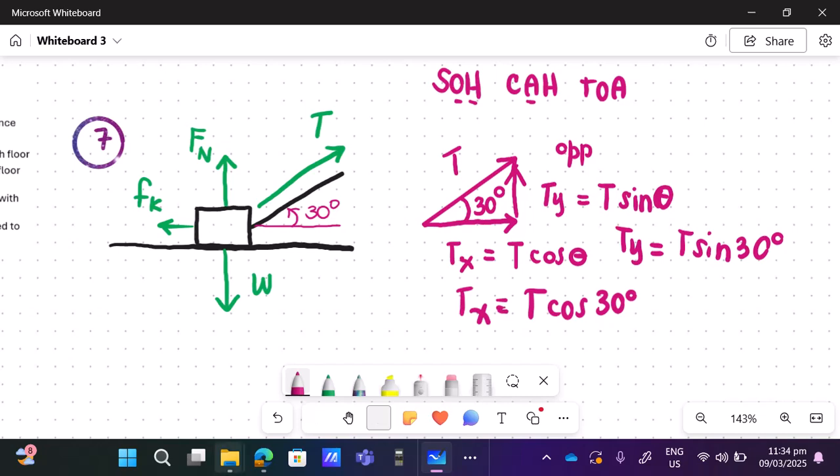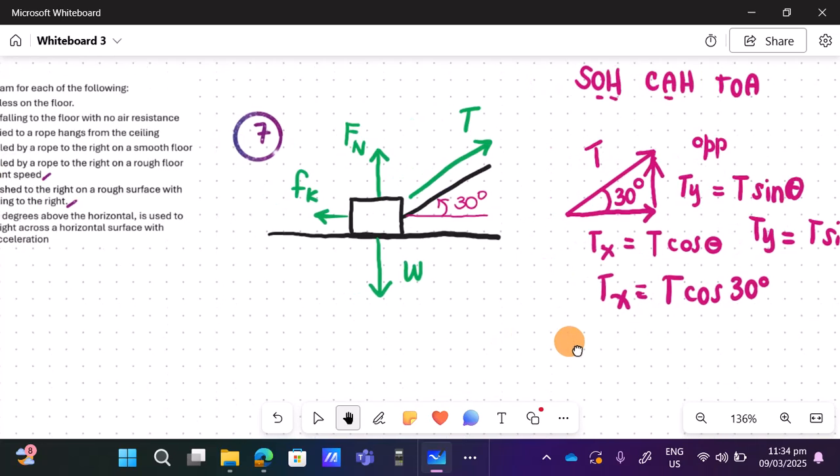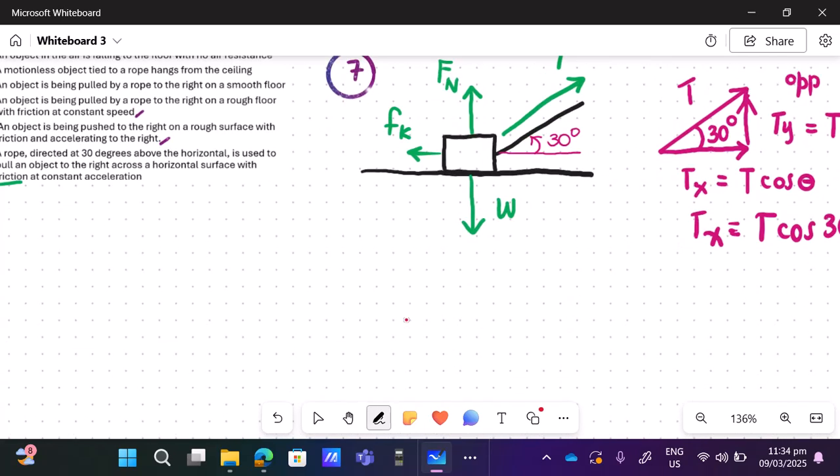Now let's proceed to finding the net forces acting on this box. Let's try to find the summation of forces along the vertical axis first. Now we know that the object is not accelerating vertically. So basically, a sub y is equal to 0.